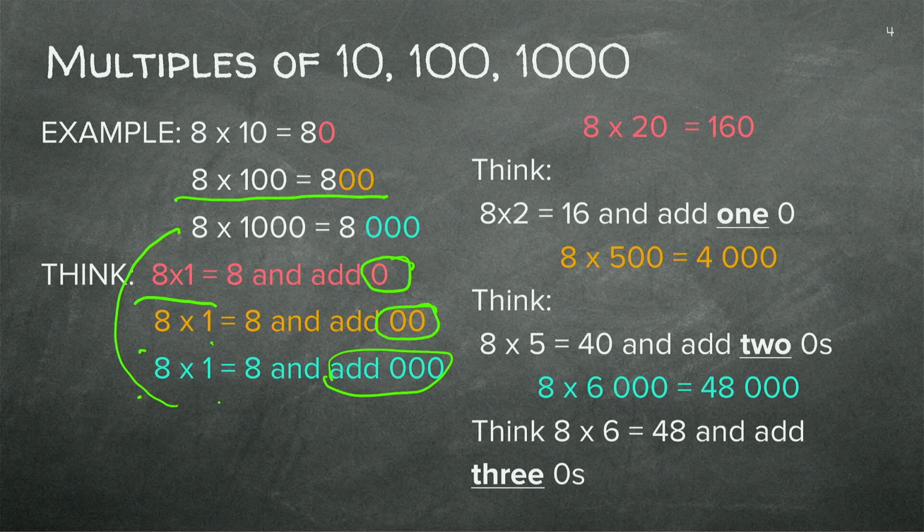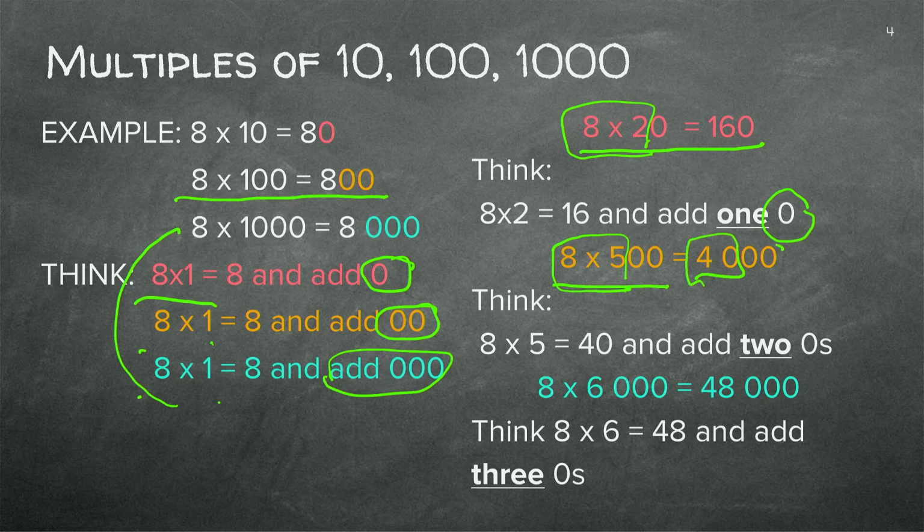Now, on the other side, say you have to multiply 8 by 20. So you're going to do the same. You're going to think 8 times 2, that's easy, right? That's 16. And we're just going to add 1 zero at the back. So if you multiply 8 times 500, you do the same. You think 8 times 5 is 40.